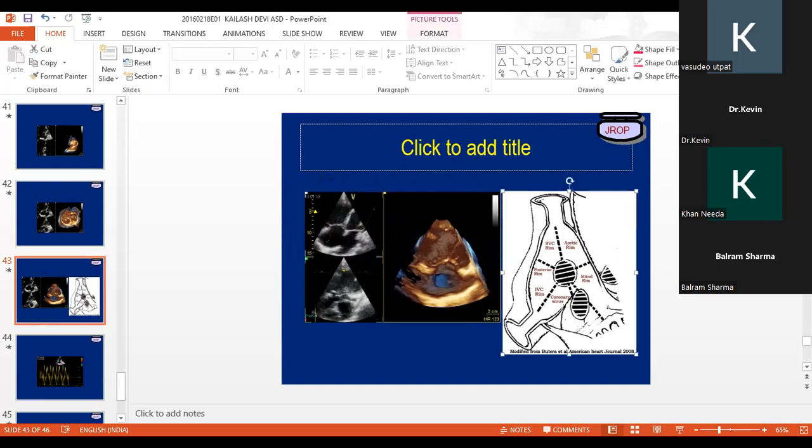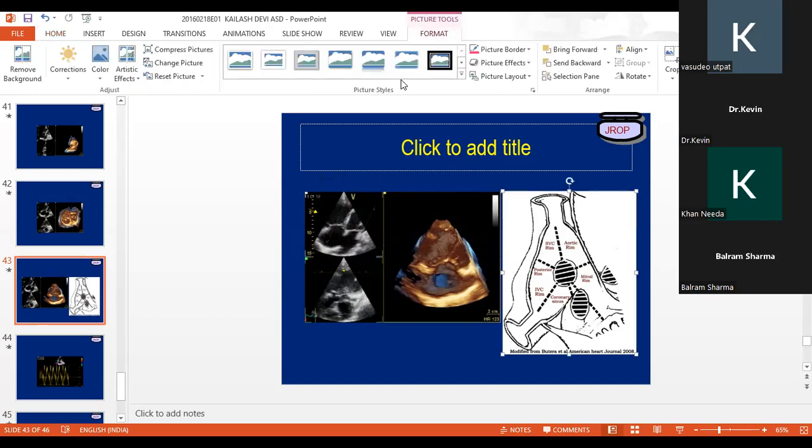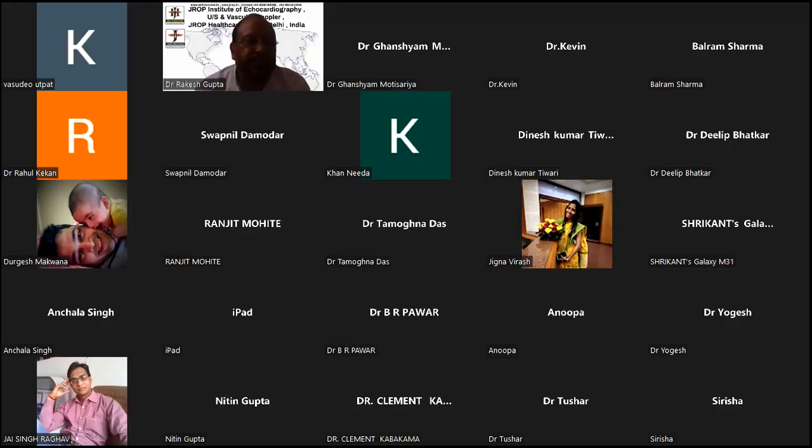Okay, let me stop sharing this particular set of slides. Let me find an Ebstein anomaly first from my armamentarium of slides. Congenital heart disease, all cases. So let's look where the Ebstein is.